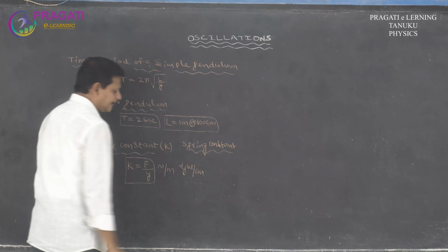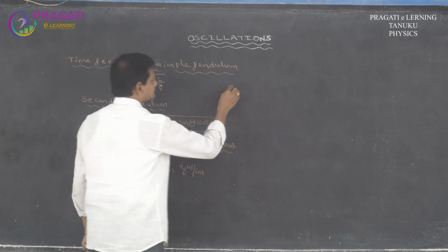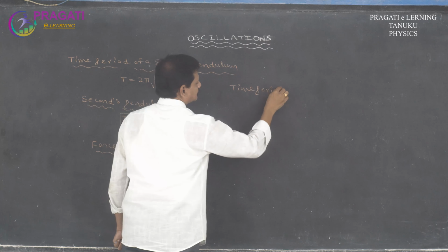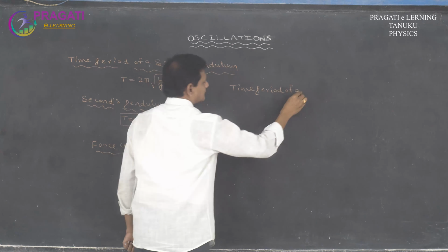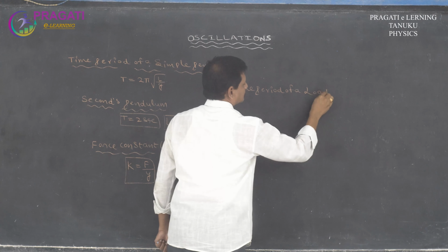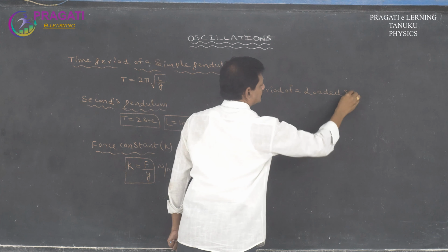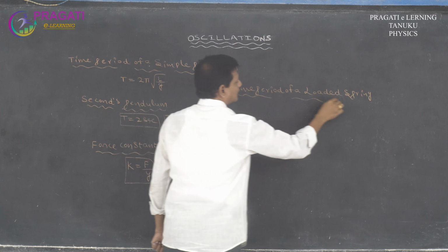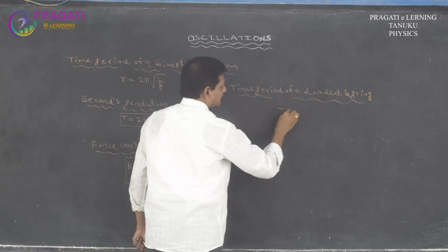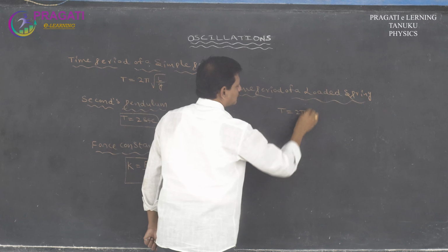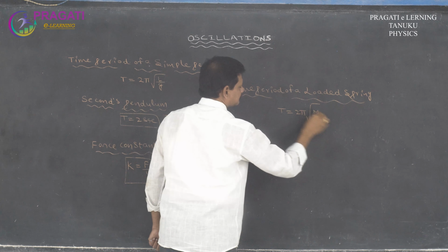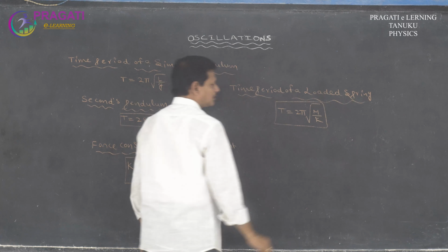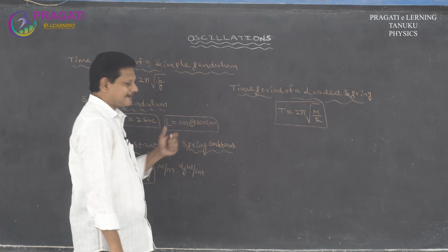Next, the time period of a loaded spring. T is equal to 2 pi into root over m by k, where k is the force constant and m is the mass attached to the spring.